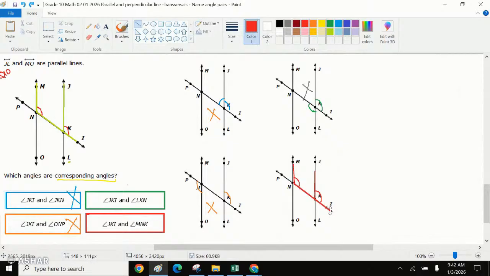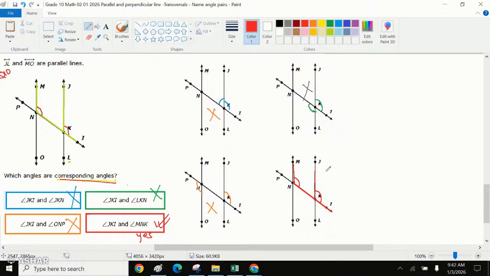So the last two, J, K, I and M, N, K, yes, they are corresponding angles, whereas J, K, I and L, K, N are not corresponding.